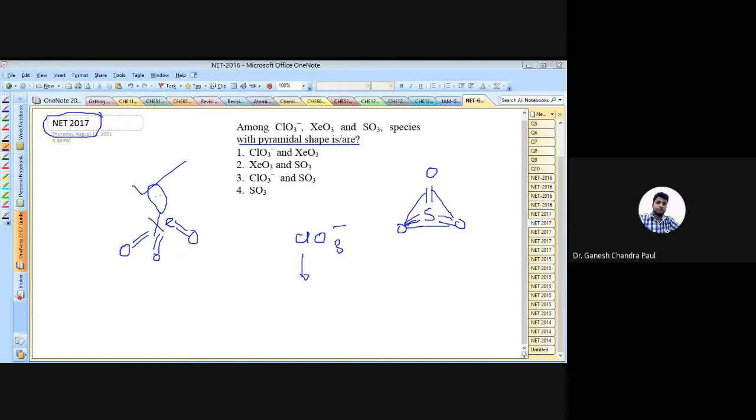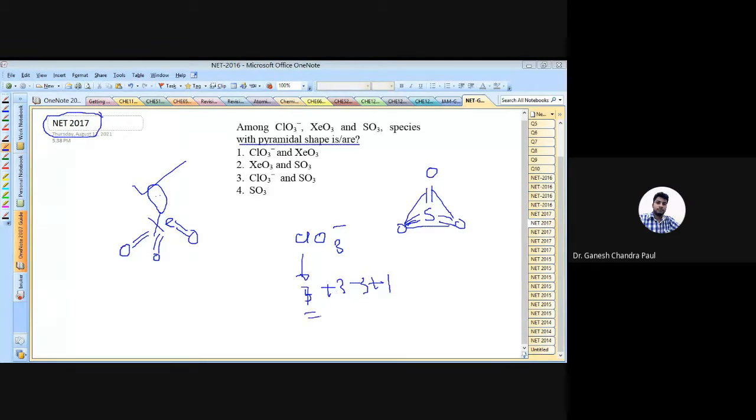From chlorine you will get 7 electrons, and for each oxygen you have 1, so 3, and for pi bonding -3, and for one negative charge it is +1.